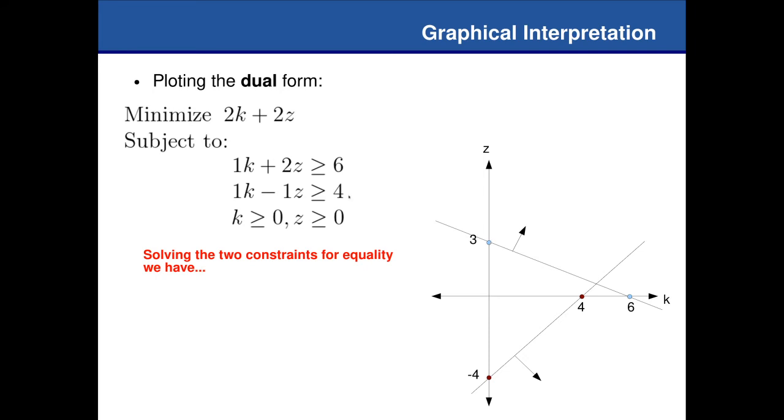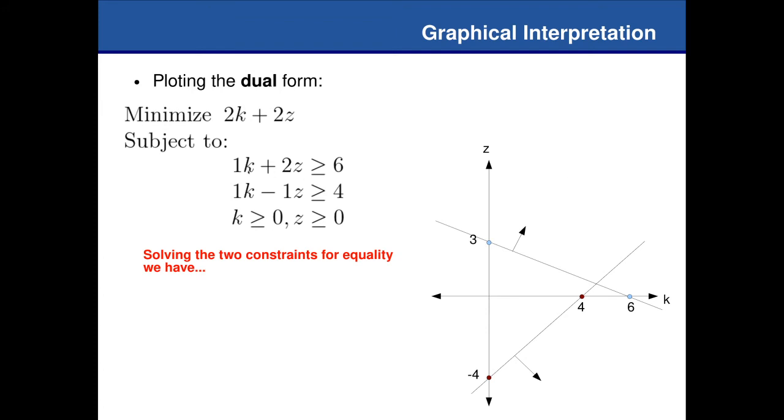And if I solve for z equals 0, my k will be exactly 6, which is in here, (6, 0), the other point. And this is my first constraint. Of course, I need it to be greater than or equal to 6. And that lies on this side of my hyperplane.